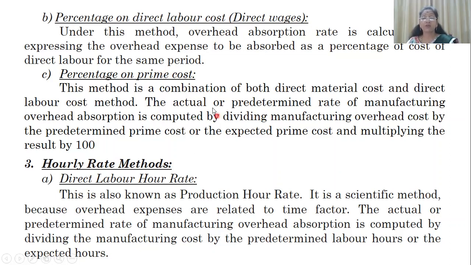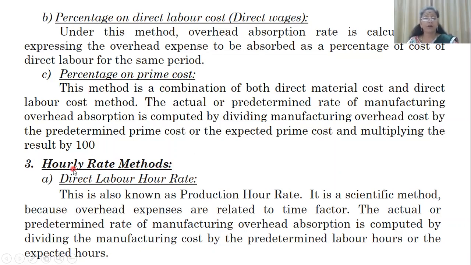The actual or predetermined rate of manufacturing overhead absorption is computed by dividing manufacturing overhead cost by the predetermined prime cost or the expected prime cost and multiplying the result by 100. We get the percentage, or what we call a rate. That is overhead divided by prime cost into 100, which gives the percentage on prime cost.